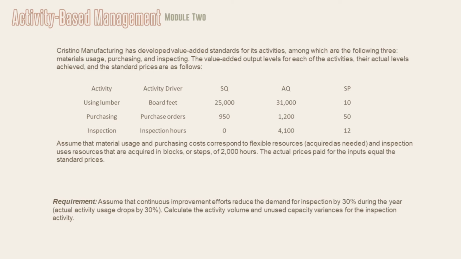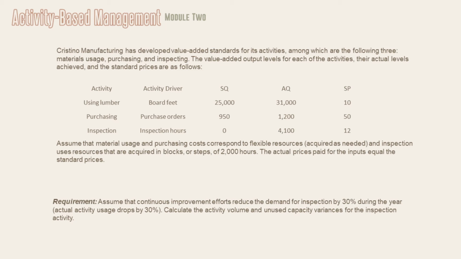For our last problem, Christina Manufacturing has developed value-added standards for its activities, among which are the following three: materials usage, purchasing, and inspecting. The value-added output levels for each activity, their actual levels achieved, and the standard prices are as follows. For using lumber, its activity driver is board feet.